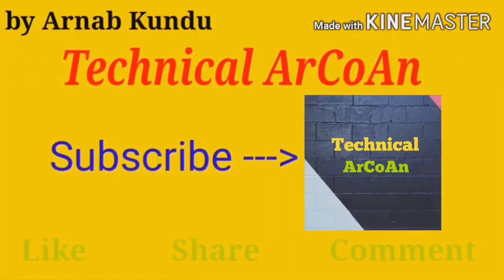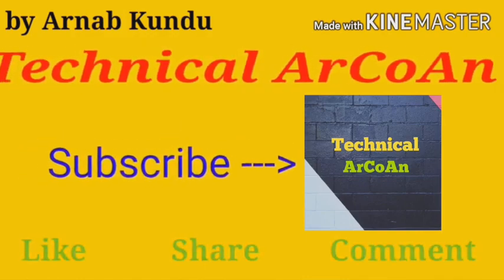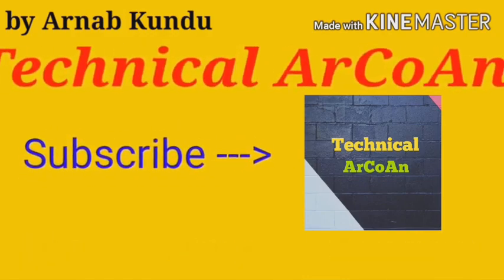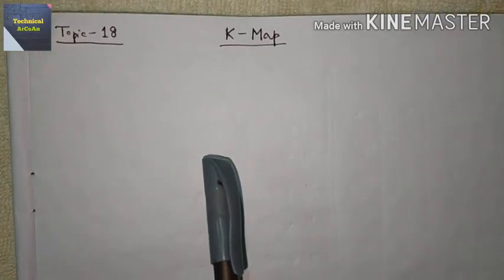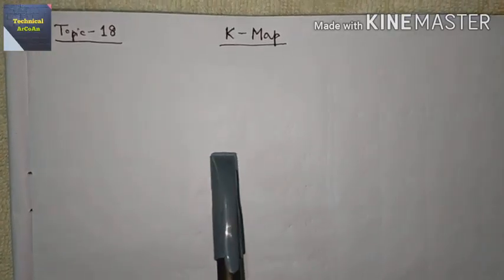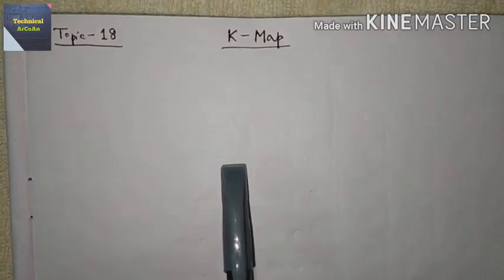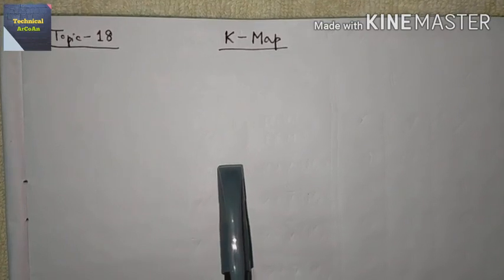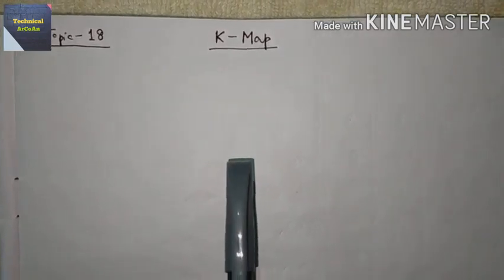Today's topic: Karnaugh Map. Now today we discuss Karnaugh Map, or also we can say K map. We have simplified Boolean functions using Boolean theorems and postulates.